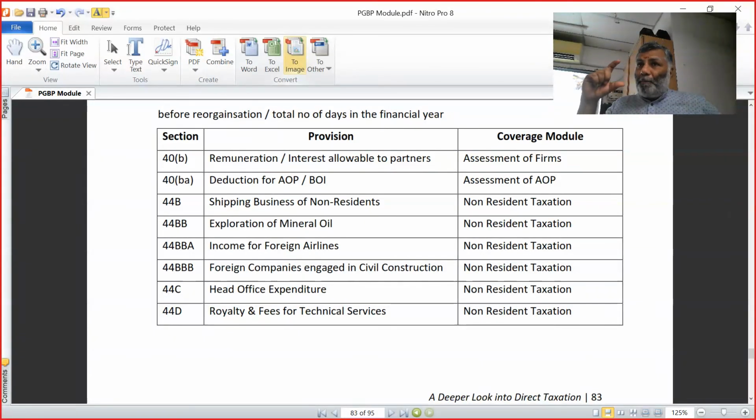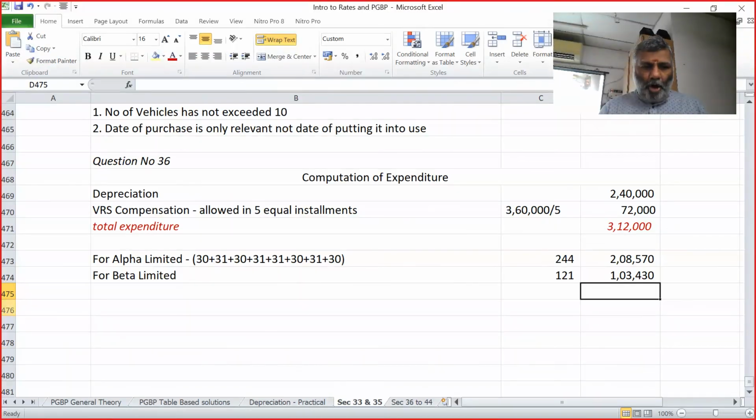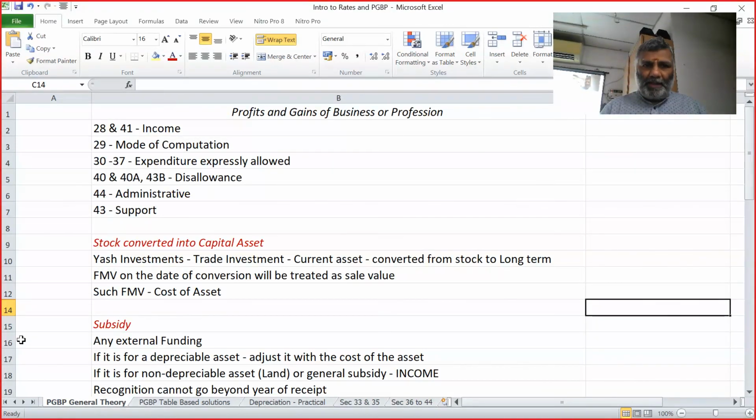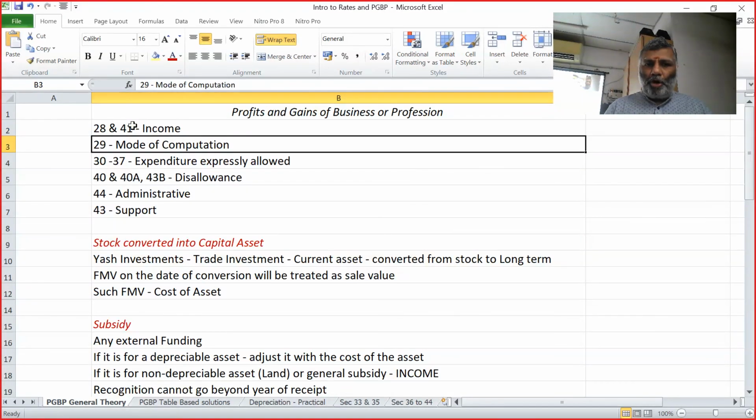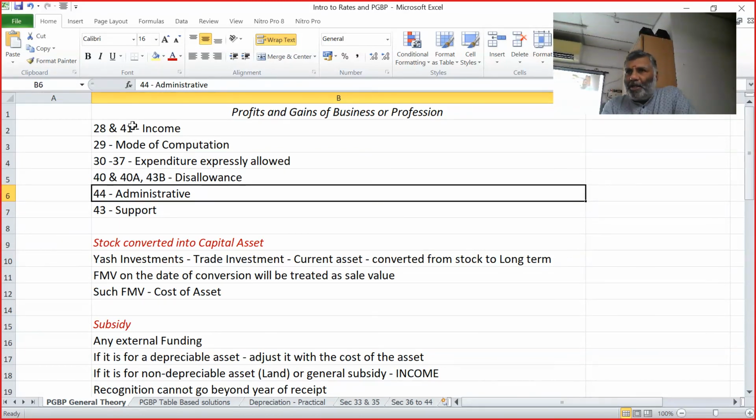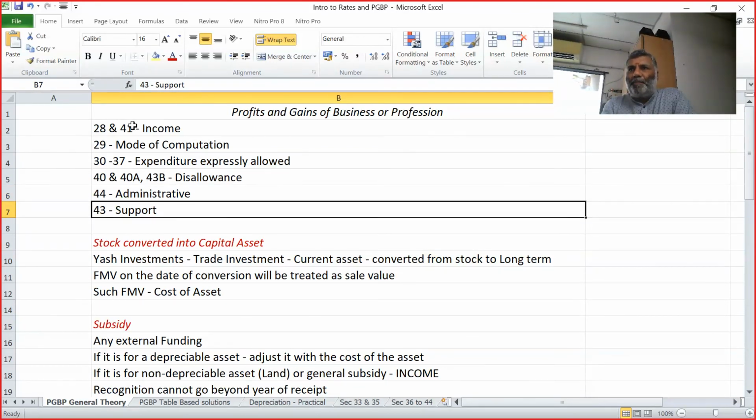Otherwise, all the provisions are covered, starting from section 28 to 44. That is income, mode of computation, expenses allowed, disallowance, administrative and presumptive taxation, and the support provisions of section 43. In this, 43CA I have held back to discuss widely under 50C.